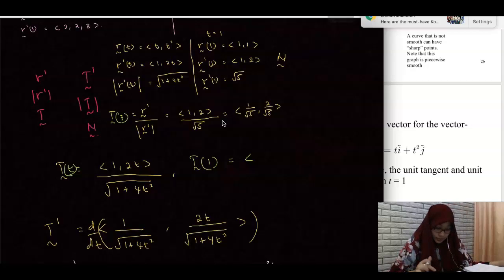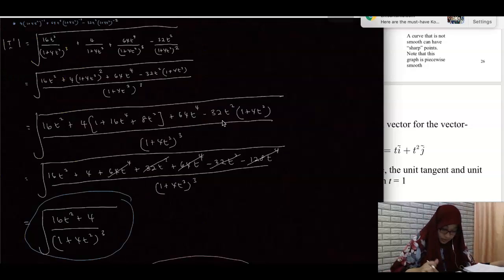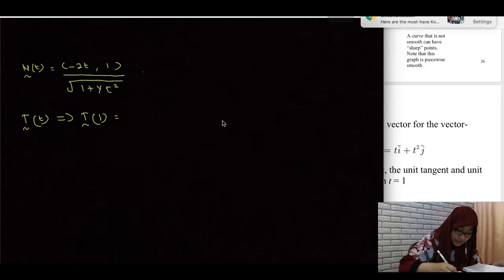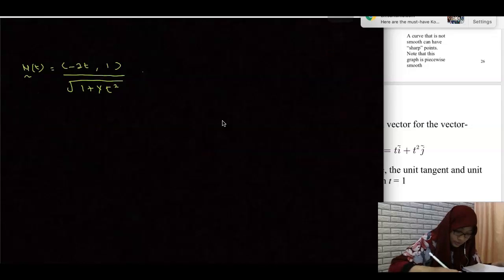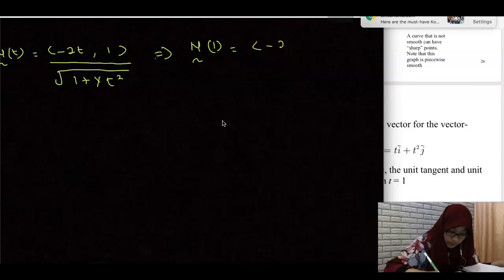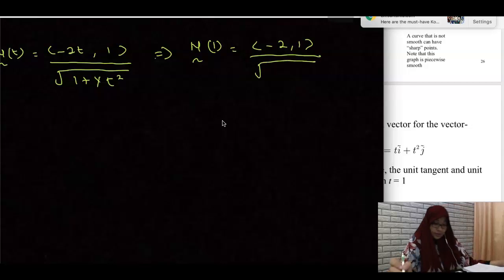Now we want to compute the unit normal vector. So we have done this, and now we want to compute this. So the unit normal vector at t equal to 1 is minus 2, 1, over the square root of 5.